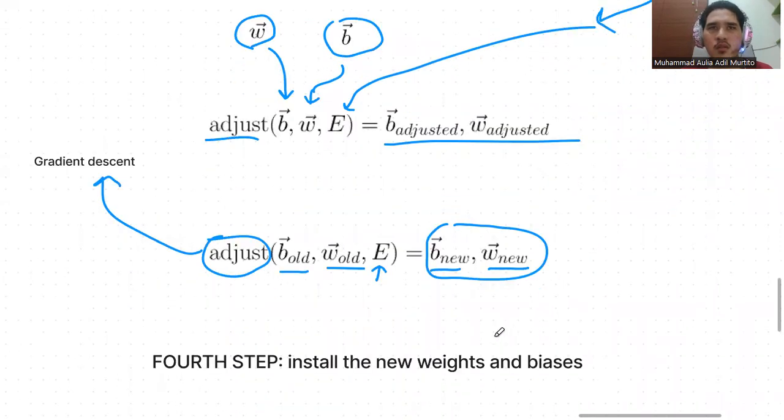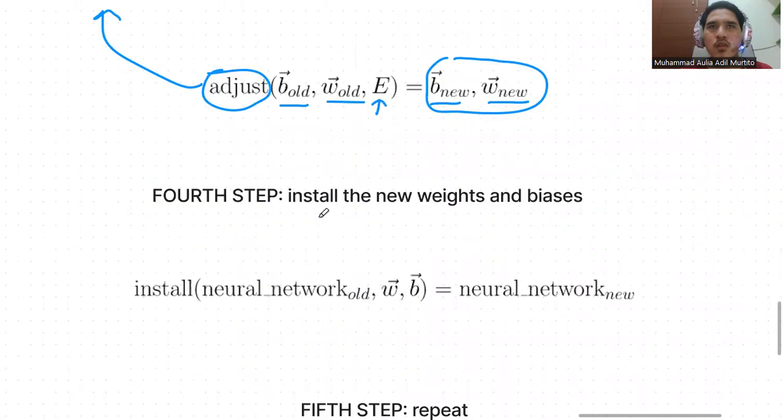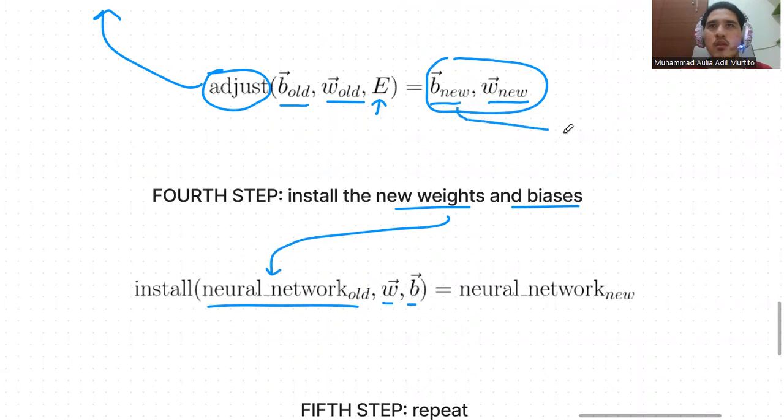Now, the fourth step is to install the new weights and biases to the old neural network. So we update the old neural network with the new weights and biases. We insert them here like so.